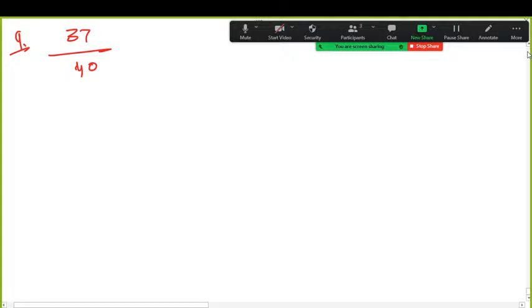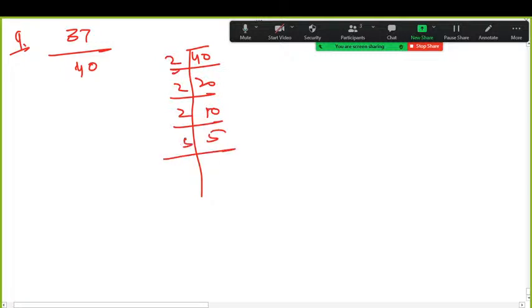Then divided by 2, I got 10, then 2, I got 5, then 5, I got 1. That means I can write 40 as 2 and 5 raised to the power only. That means it has only two factors, 2 and 5. If it has only two factors, 2 and 5, that means it is terminating.